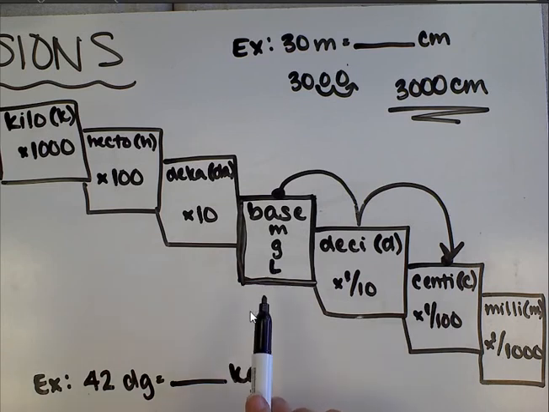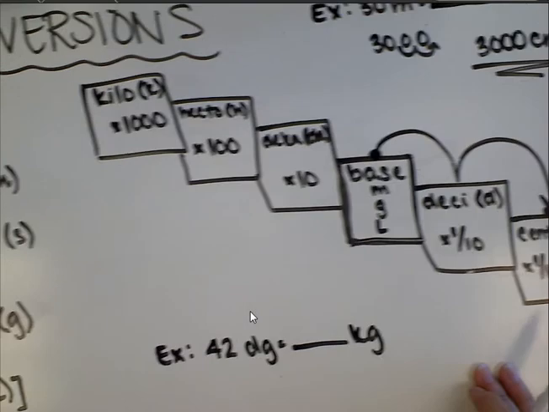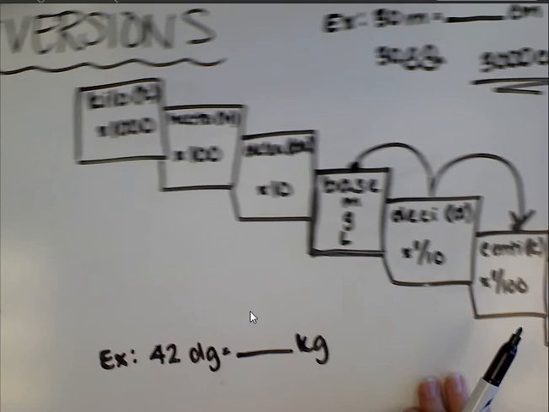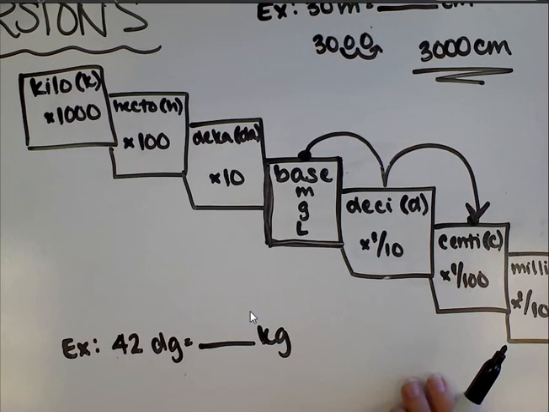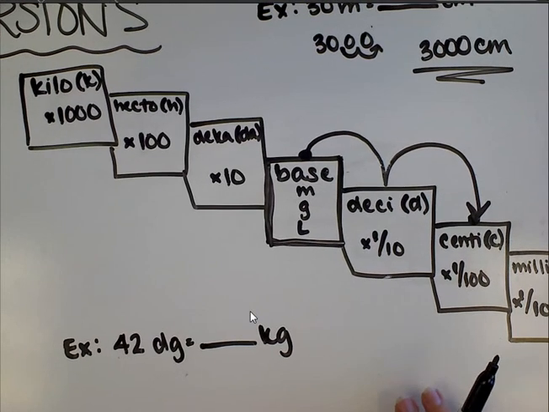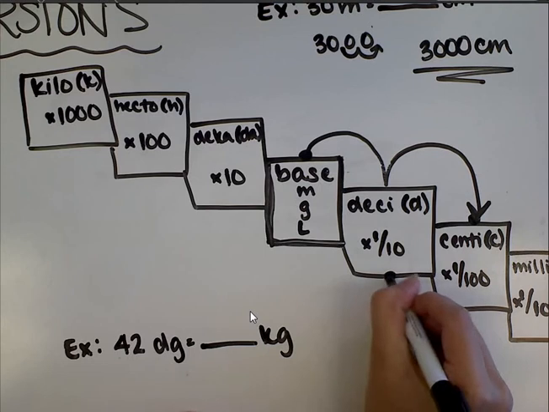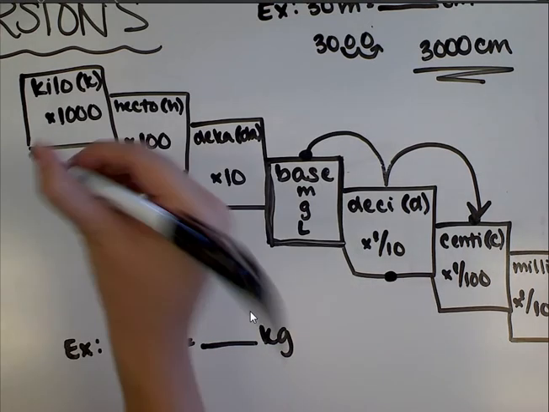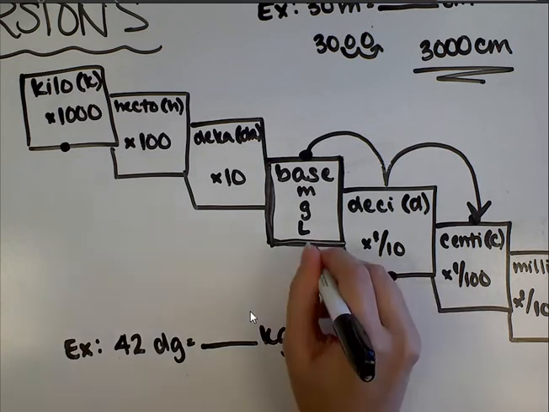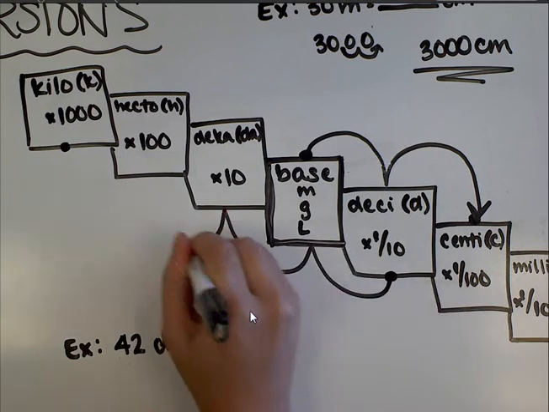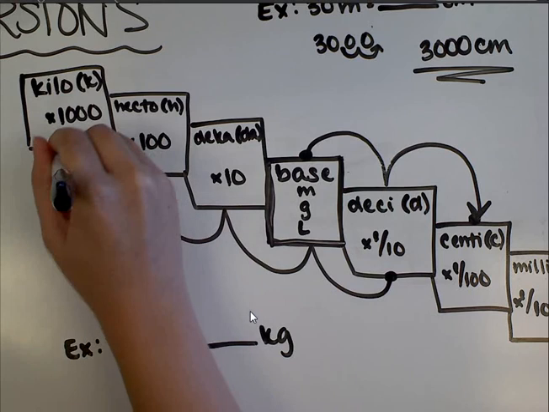All right, let's do another example. You should still see this. Okay, so say I've got 42 decigrams. And I want to convert that into kilograms. So I'm starting out here in deci, and I want to get up to here, kilo. So I'm going to move 1, 2, 3, 4 spaces.